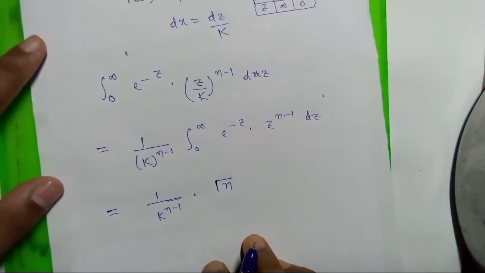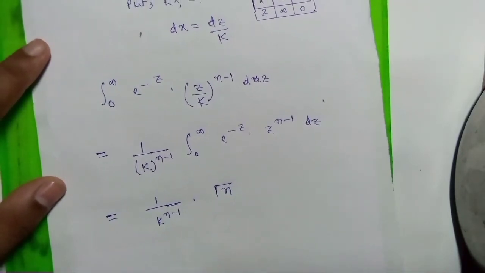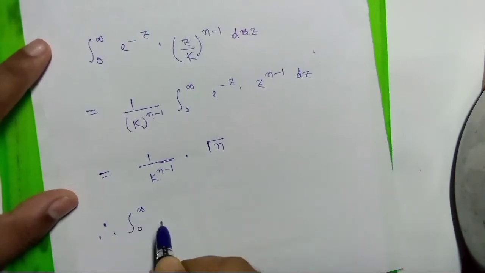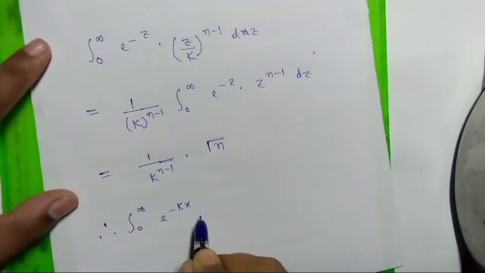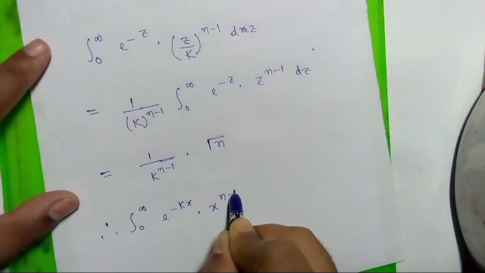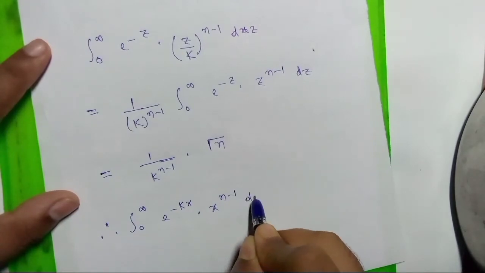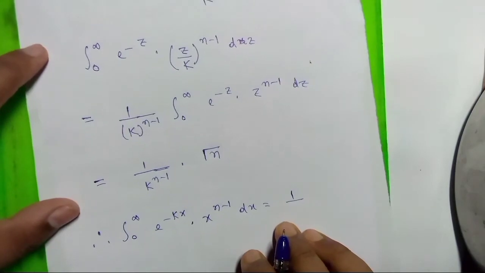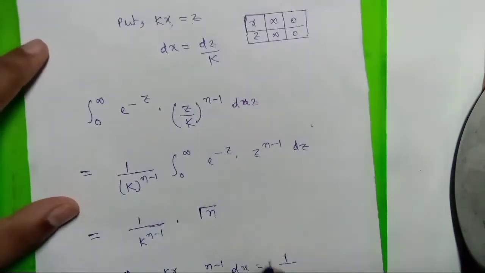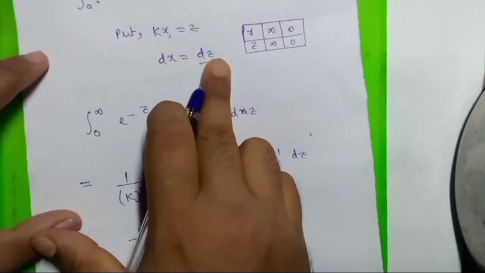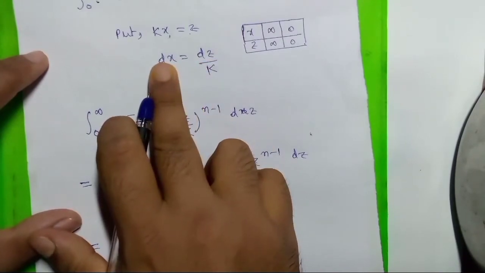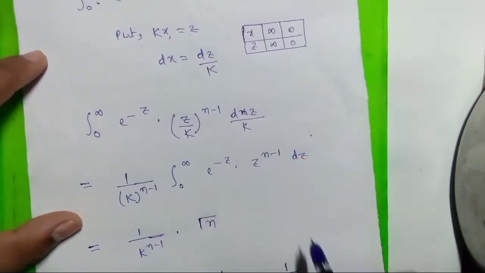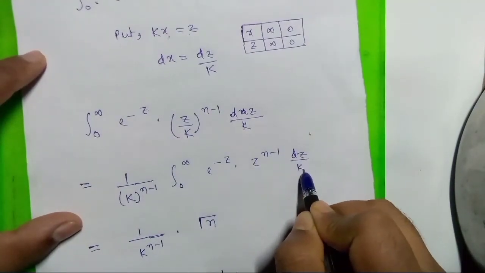So integration 0 to infinity e to the power minus kx x to the power n minus 1 dx is equals to, sorry, here dx is equals to dz by k, so here will be dz by k, and here also dz by k.